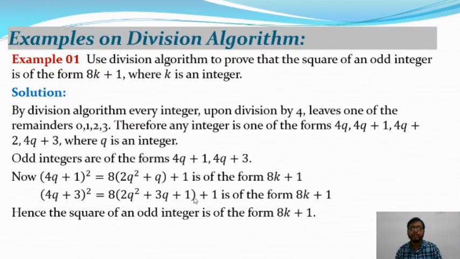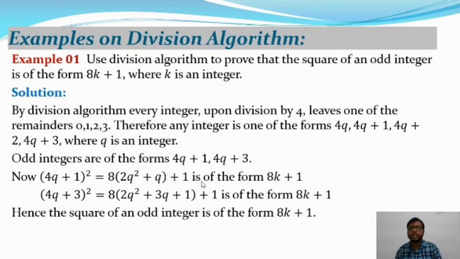And it can be written as 8 into (2q squared plus 3q plus 1) plus 1, and it is of the form 8k plus 1, where k is equal to 2q squared plus 3q plus 1. So hence the square of an odd integer is of the form 8k plus 1. Hence the proof of the above example.